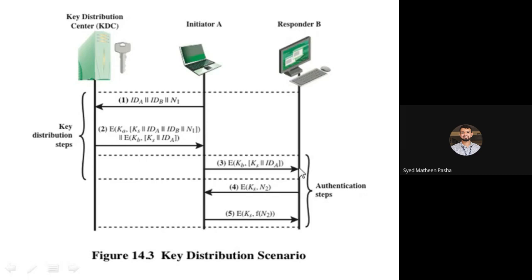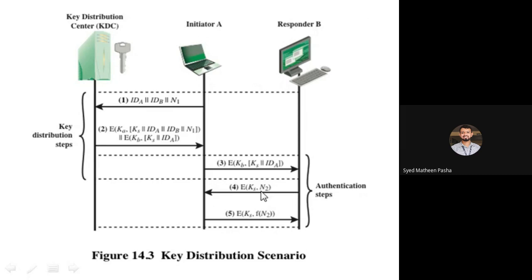Then once the request is received at initiator A, initiator A will check that responder B needs the key to decrypt the data, and finally again sends the final encrypted key to the responder B. You can see here in the fifth step, I'm using something called f of N2.